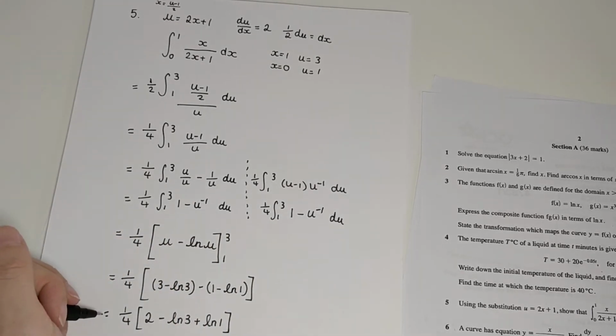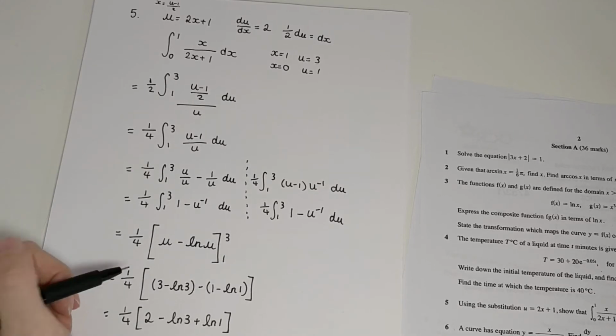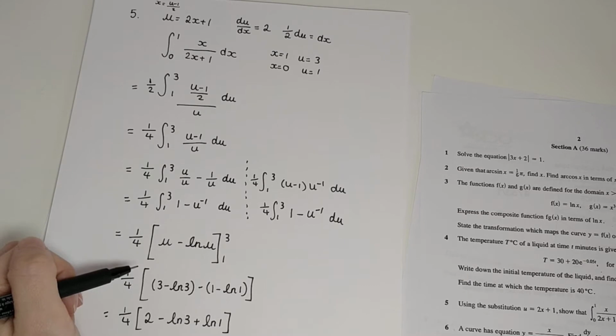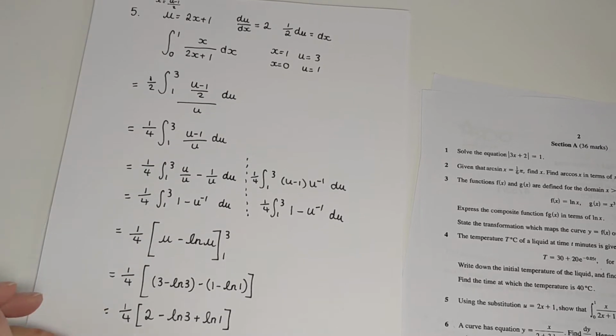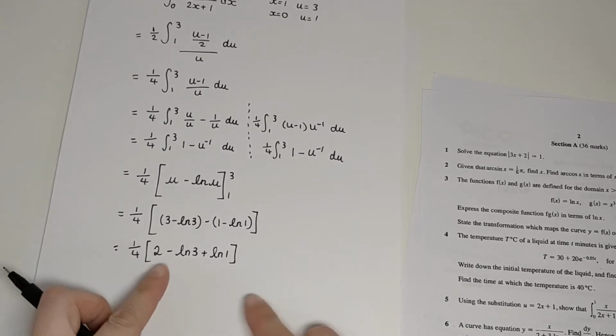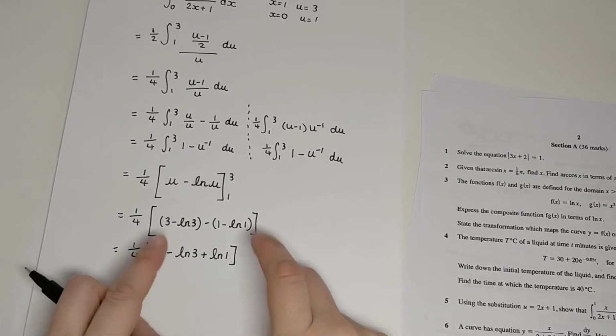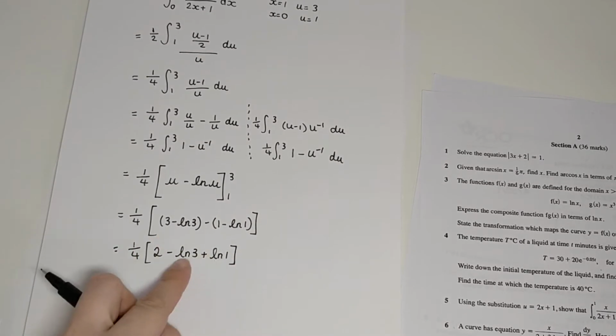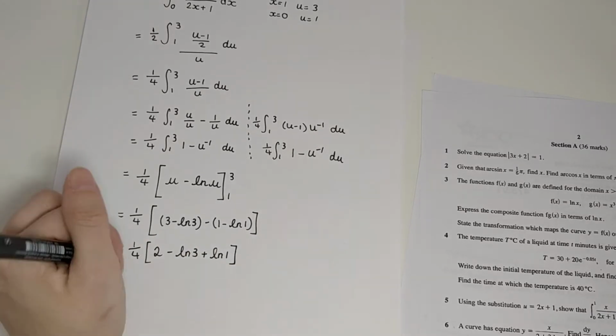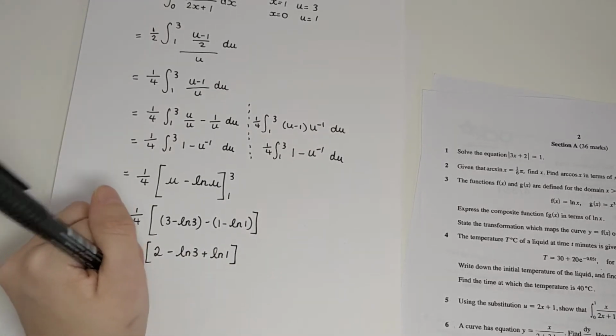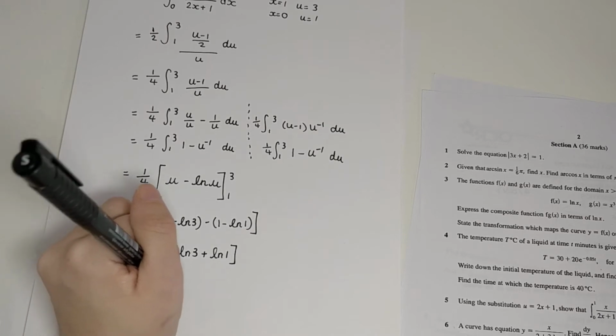Oh, log 1 is actually just 0, isn't it? Well, even if it wasn't, I can use the log rule that says you can turn an addition of logs into a log of a product, which would be log of 3 times 1, which is log of 3. So, yeah. That is just 2 minus log 3.